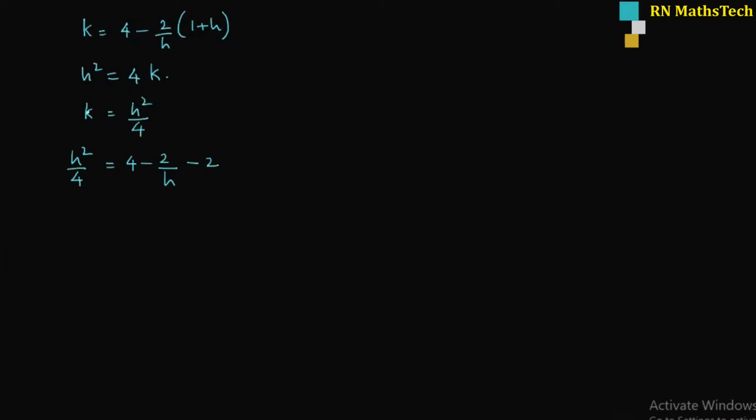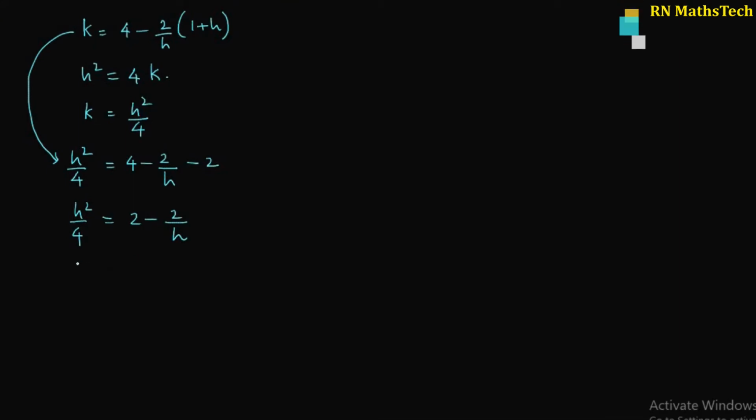So h² = 4k. The value of k is h²/4. Put this value in this equation. So this equation becomes h²/4 = 4 − (2/h)(1 + h). So h²/4 = 4 − 2 − 2/h, that is h²/4 = 2 − 2/h.